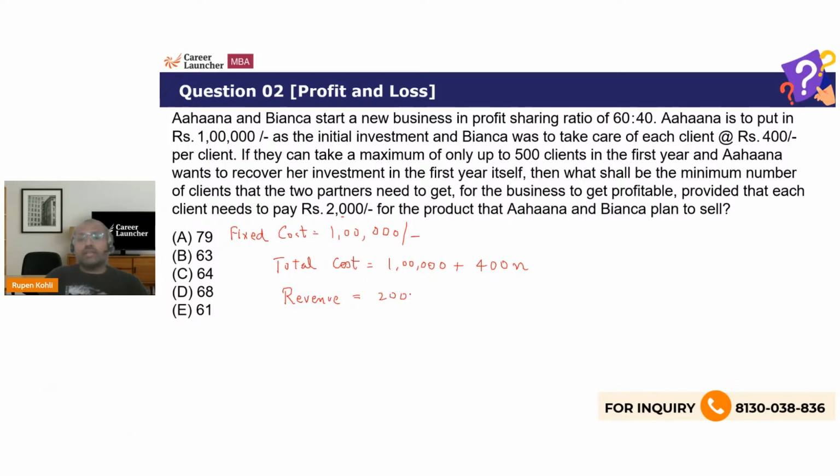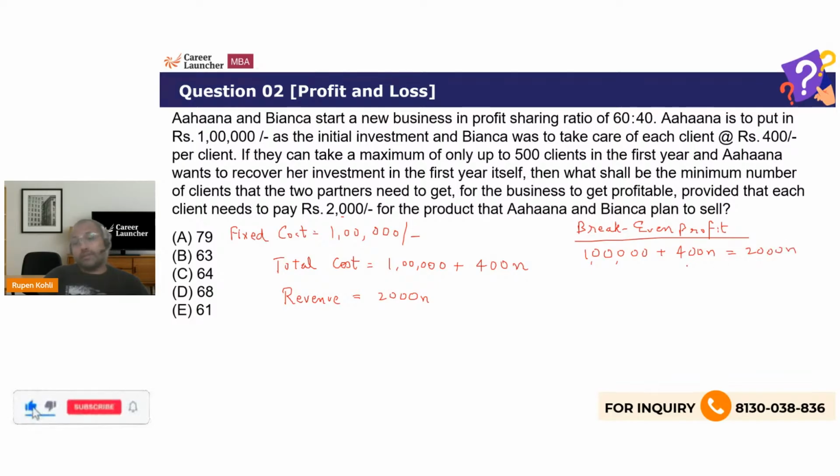So 2000 into n. When these two become equal, our break-even point will come, right? For the break-even point, which means there is no profit but no loss either, the total cost, which is this 1 lakh plus 400 into n, should be equal to 2000 into n.